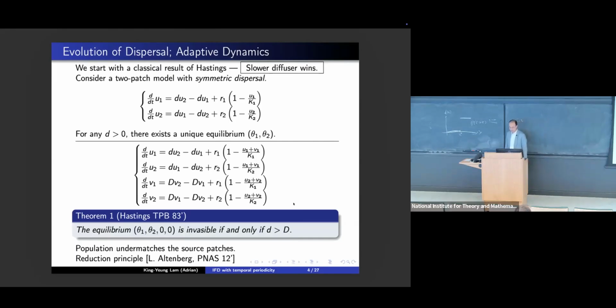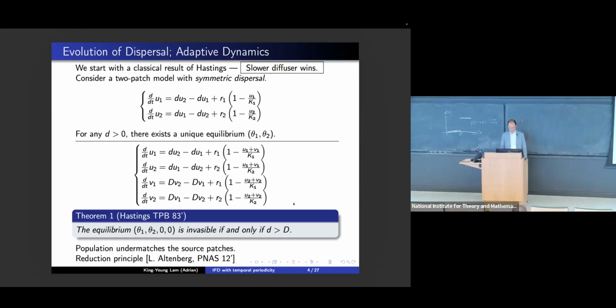The story starts with a work of Alan Hastings back in 1983, where he applied the framework of adaptive dynamics to study the evolution of dispersal. I think the title of the paper is Can Spatial Heterogeneity Alone Select for Dispersal?